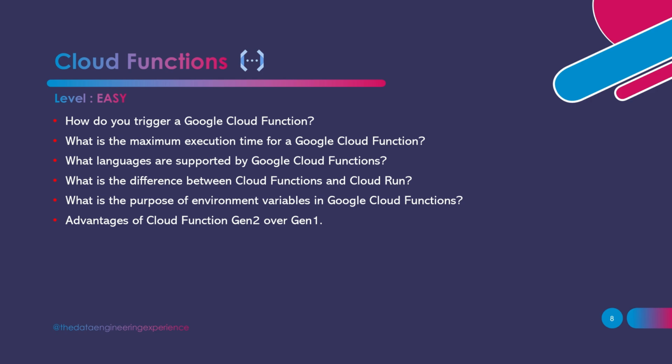The next question is, what is the purpose of environment variables in Cloud Functions? Environment variables allow you to configure your data, secrets, or any other settings that are outside your code. This can include your API keys, your database credentials, or any other settings that can change between environments, like from development to testing or production.